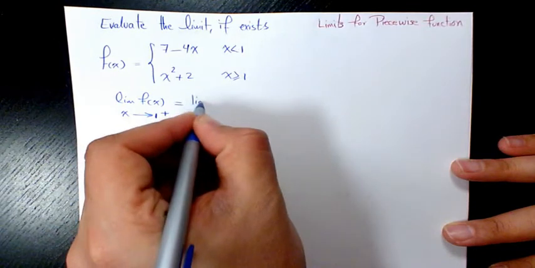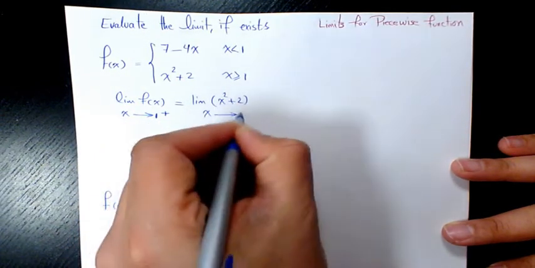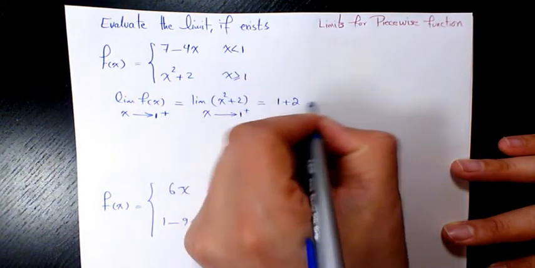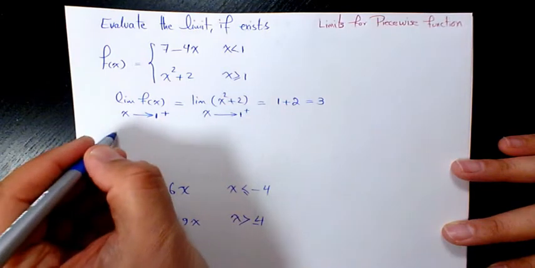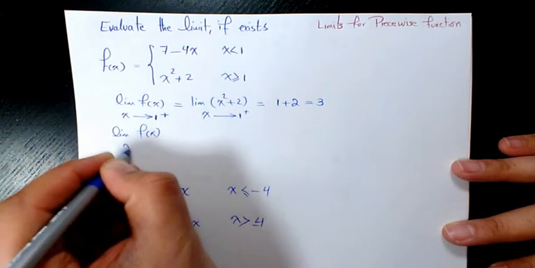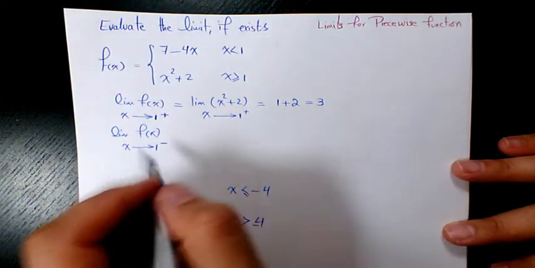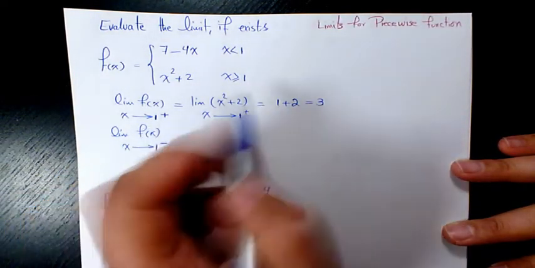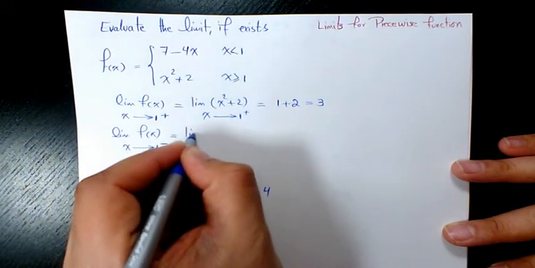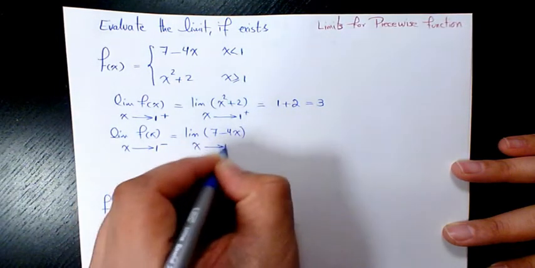It's going to be limit of x squared plus 2 when x is approaching 1. That's going to be 1 plus 2, which is going to be equal to 3. On the other hand, we have limit of f of x when x is approaching 1 from the negative side, from the left hand side, so it means it's less than 1, so it's going to be limit of 7 minus 4x when x is approaching 1 minus.